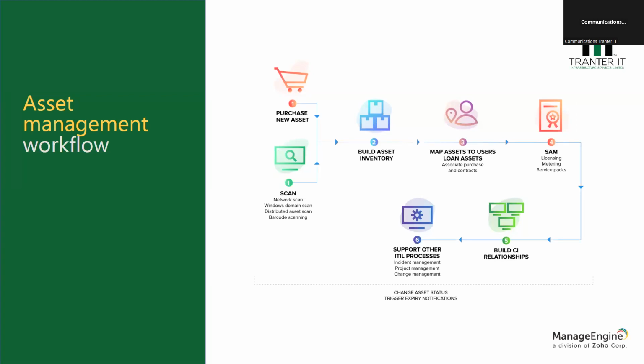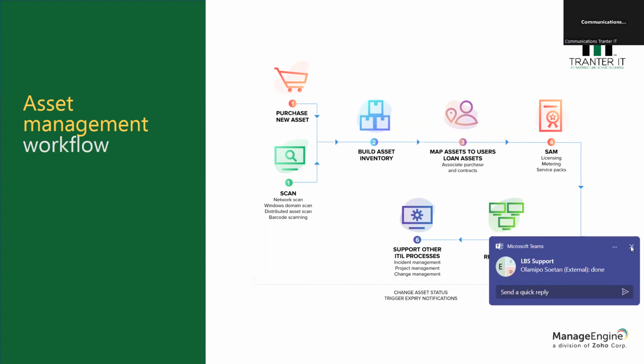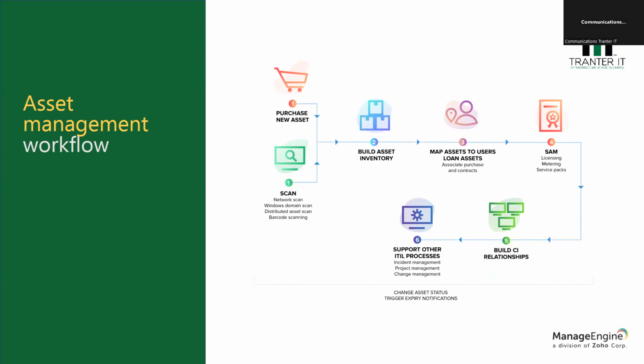Then making use of this assets module, more essentially for your IP-enabled assets, you can always do a Windows scan, a domain scan, or barcode scanning. The barcode scanning is for your non-IT assets.